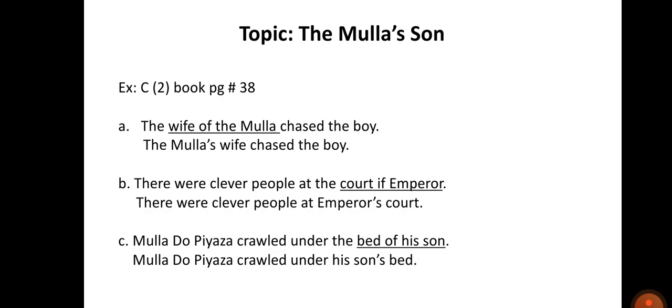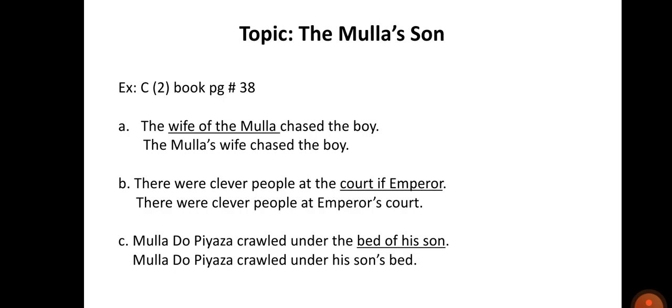Have a look at part B. There were clever people at the court of emperor. Here we have to shorten the sentence, and we can understand by looking at this sentence that we are talking about the court that belongs to the emperor.